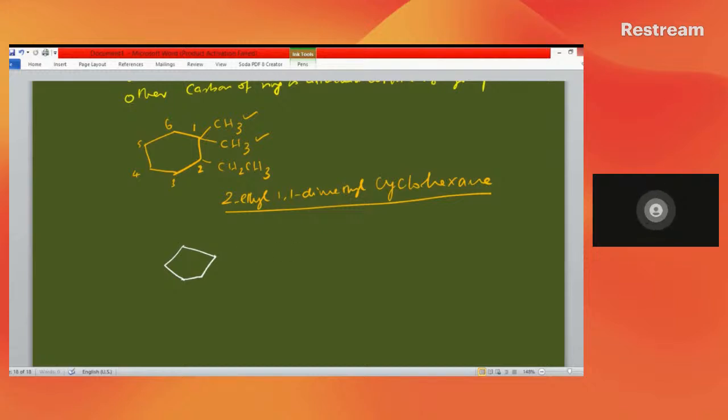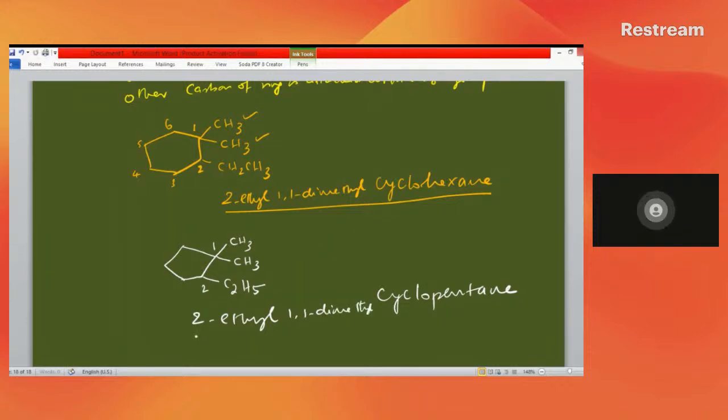Here you have 2 methyl groups in this position, and 1 ethyl is present. Then what will you do? You call it cyclopentane, and the carbon with two methyls should be preferred as number 1. This is number 2, the second position has ethyl, so 2-ethyl-1,1-dimethylcyclopentane. That must be the name of the cyclic compound.